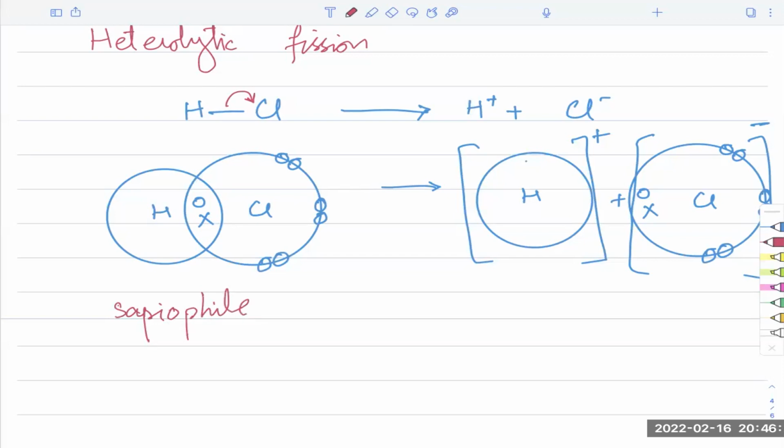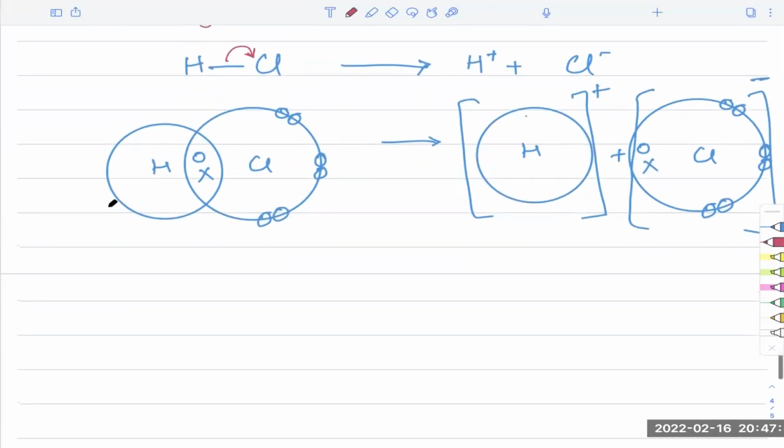Sapiophile is basically a term for somebody who likes humans. For example, dogs, they like humans in general. Now, phile is basically a word for liking, having an attraction to something. All right. So if I think of something with a positive charge, what is it going to attract?